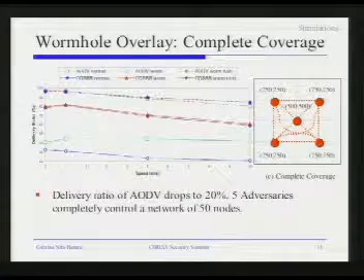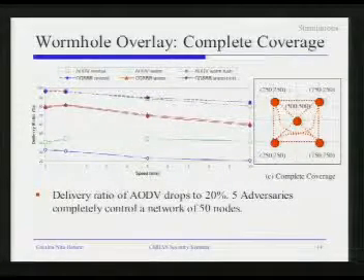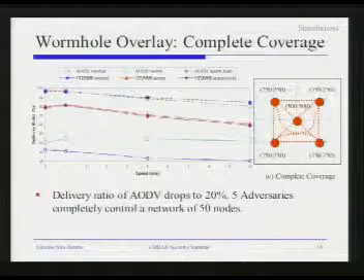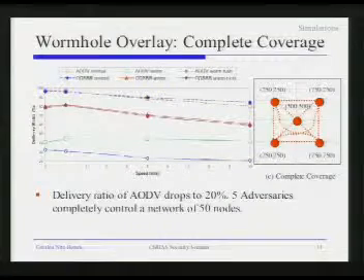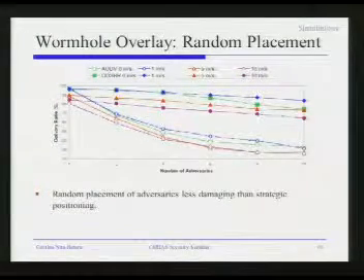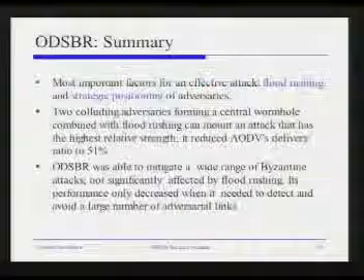That's why we call it complete coverage, because basically you cover everything. You miss a little bit from the corners of the square, but other than that, the attackers really can overhear all the communication. So again, we are looking at random placement with a number of adversaries versus having the complete coverage.